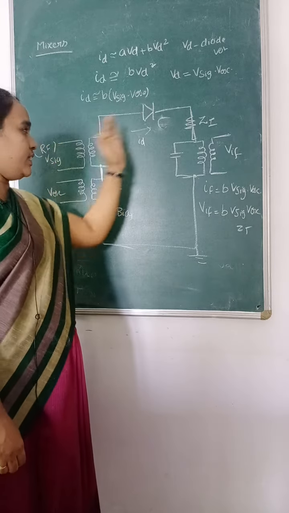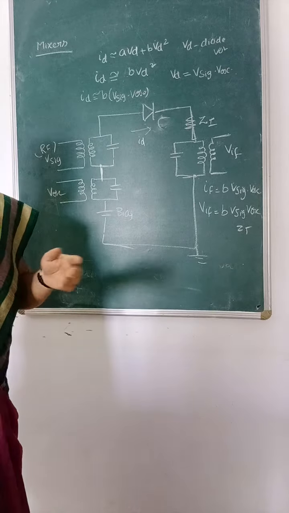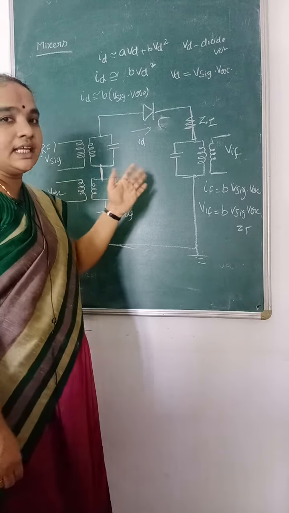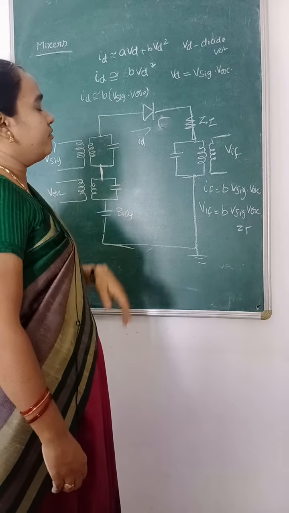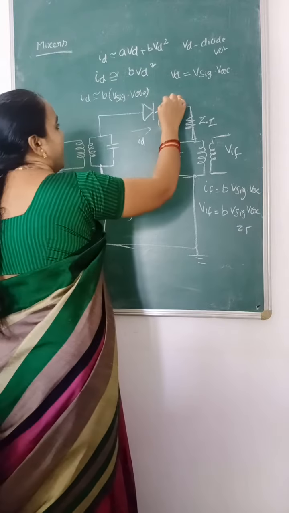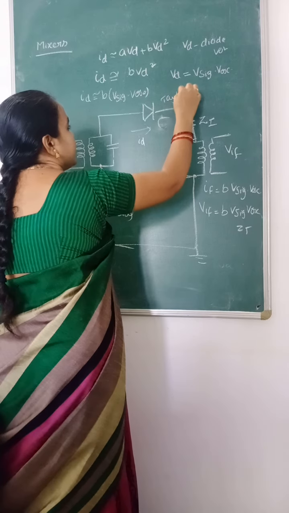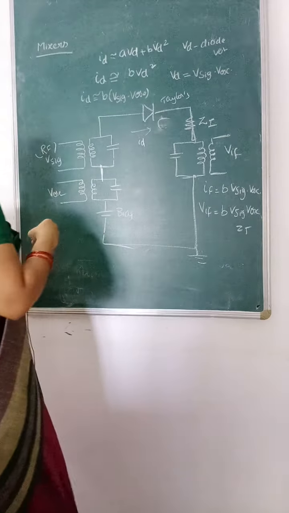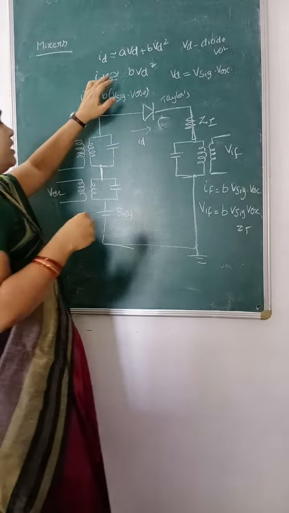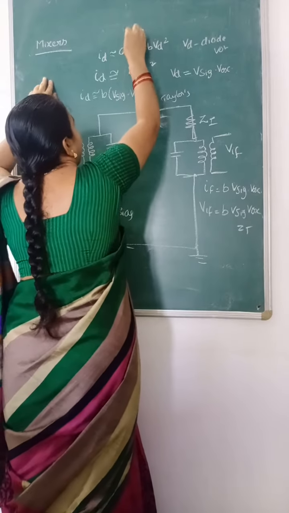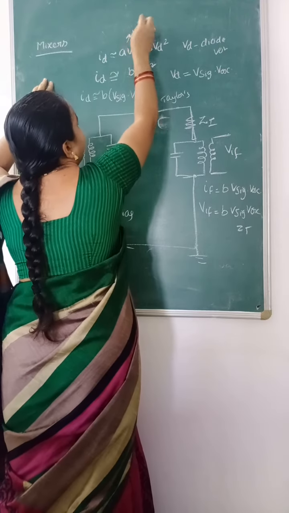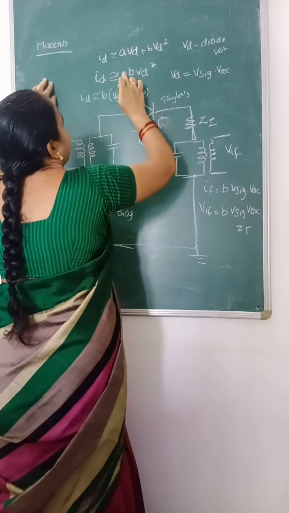The VI characteristics of this diode are not linear. This diode current varies non-linearly and is expanded in a Taylor series as A VD plus B VD square. Let us suppose that this first term, A VD, has a very small value.